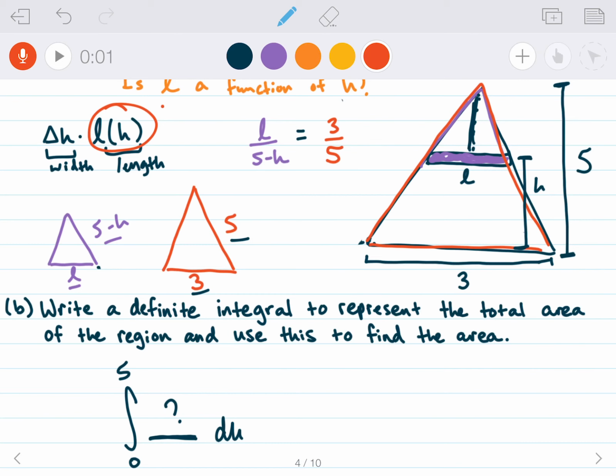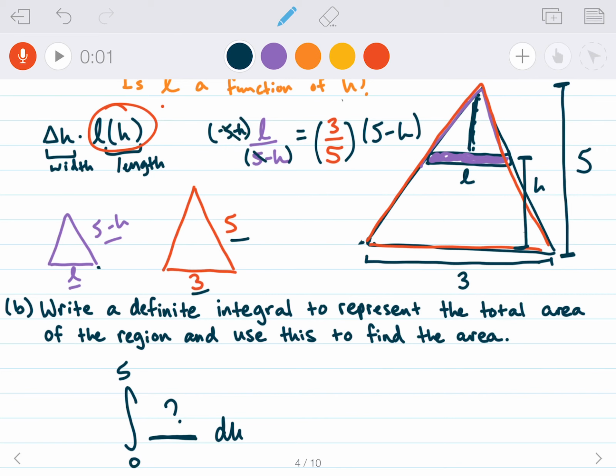Okay. So now what we can do is we can get L in terms of h. If I multiply both sides by 5 minus h, I get this nice relationship.